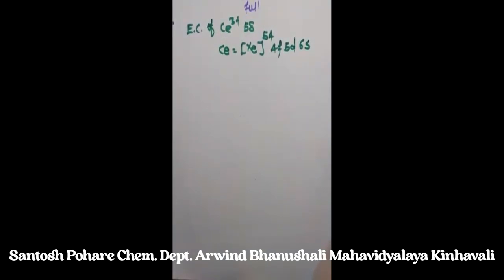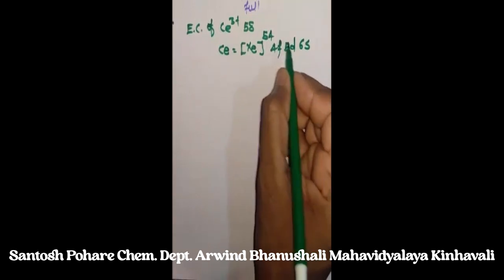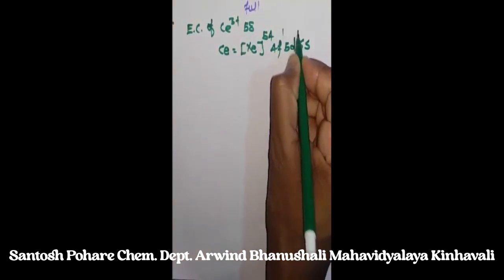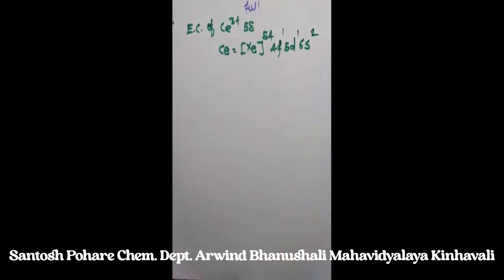These are the valence shell for Cerium. So in 5d there is 1 electron and 2 electrons in 6s. This is the electronic configuration of Cerium.